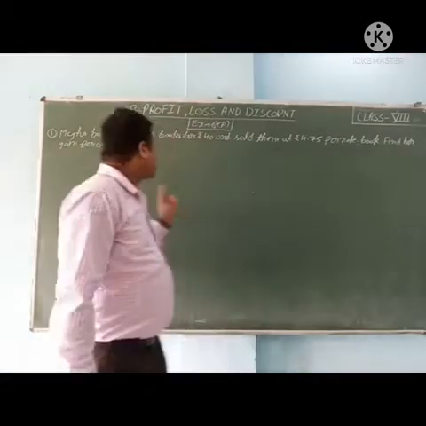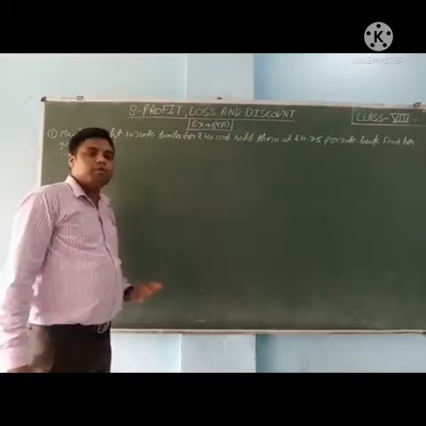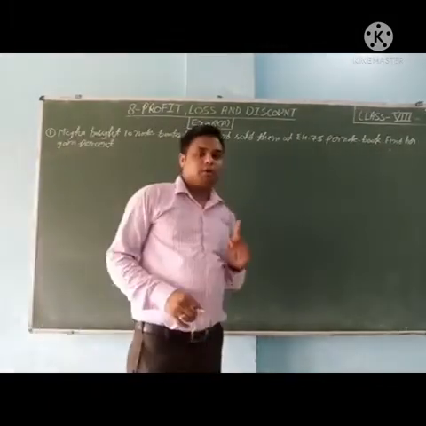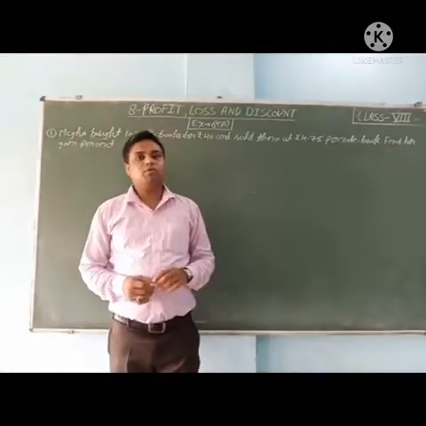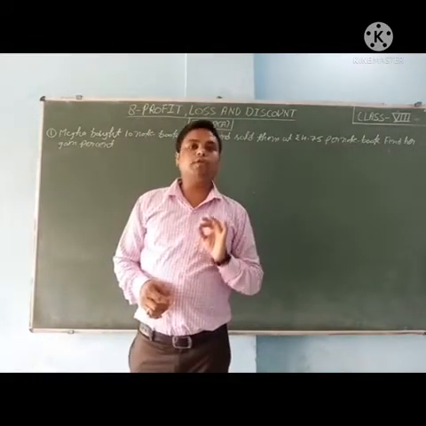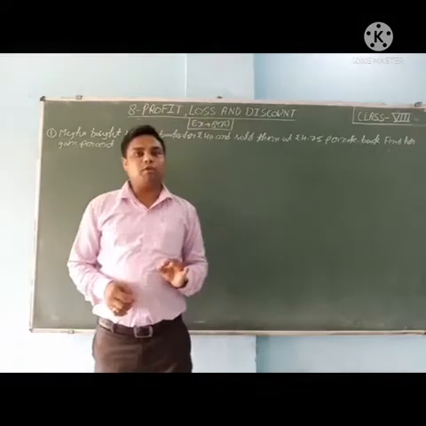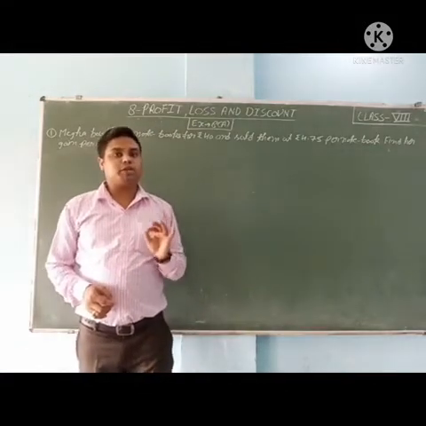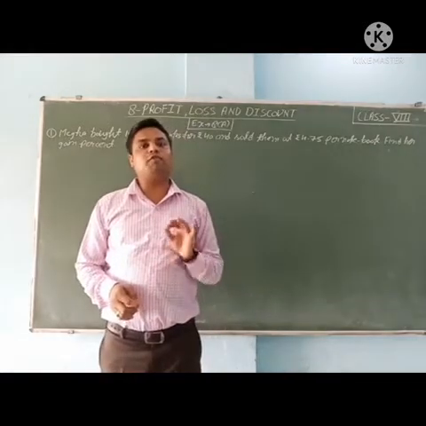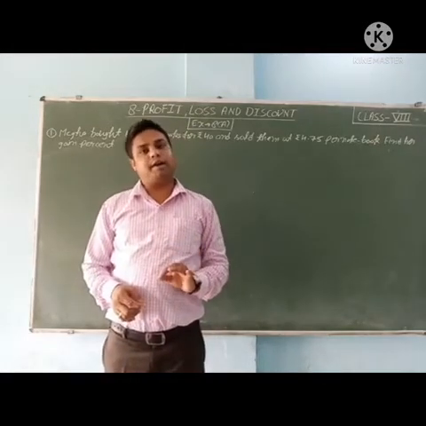So the cost price of 10 notebooks is given and the selling price is given of one notebook. So we cannot find the profit or loss, because to find the profit or loss we must have the selling price and cost price of the same number of articles.